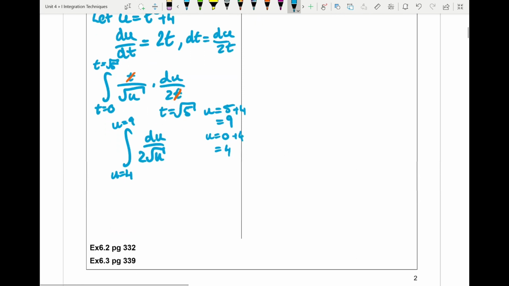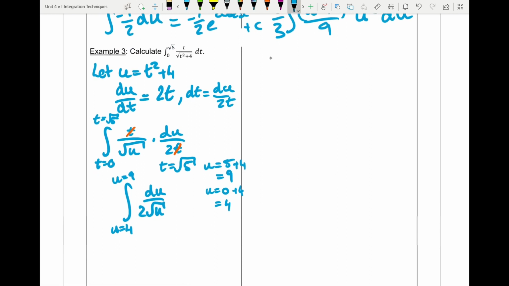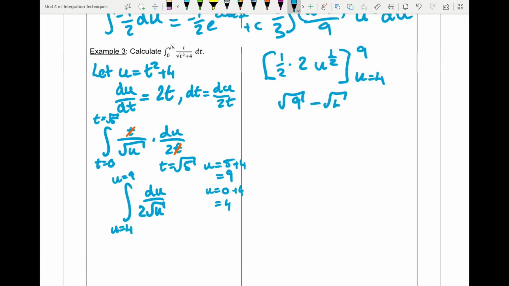So computing this integral now, we get 1/2 times our coefficient of 2u to the half, and that is from u equals 4 to u equals 9. So we get root 9 take root 4, which is just 3 take 2, which is equal to 1.